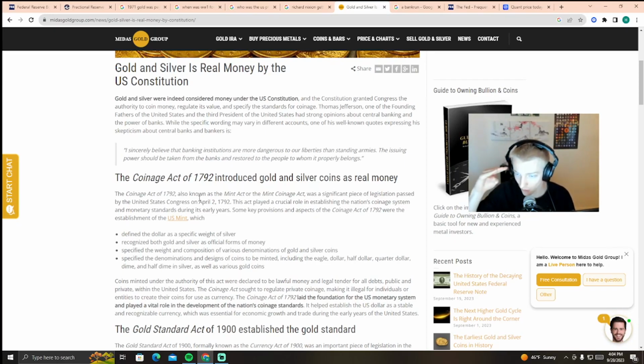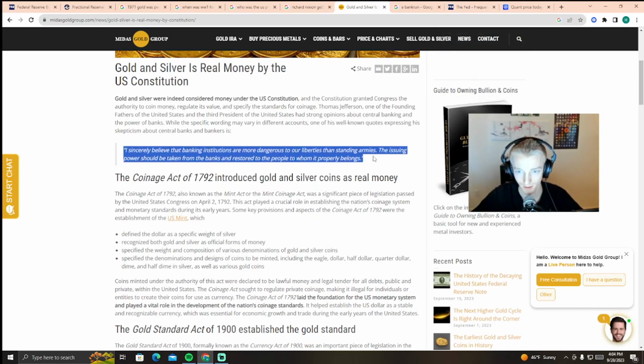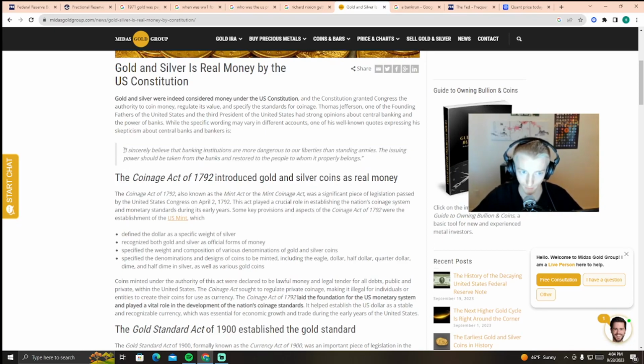So he's trying to warn you, the American citizen in the future, of what to look for in the future. And he says, I sincerely believe that banking institutions are more dangerous to our liberties than standing armies. The issuing power should be taken from the banks and restored to the people to whom it properly belongs. Now, if you guys know what a CBDC is, it's the opposite of this quote that our founding father of America told you and warned you about, right?